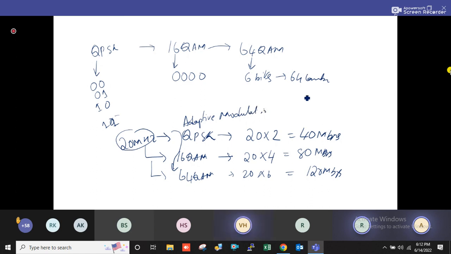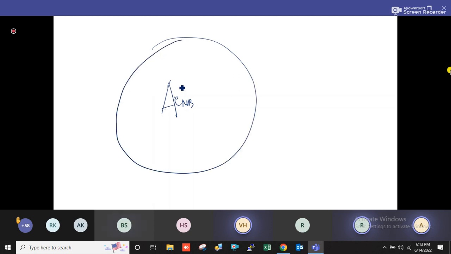Now, why do we call this adaptive modulation? For the simple reason that our RF conditions are not equal throughout our cell coverage, right? So if you look at it here, let's say this is our eNodeB and this is the coverage area of the eNodeB.